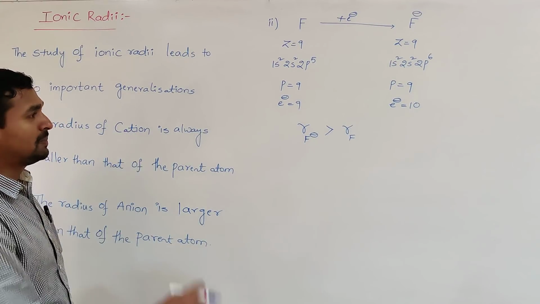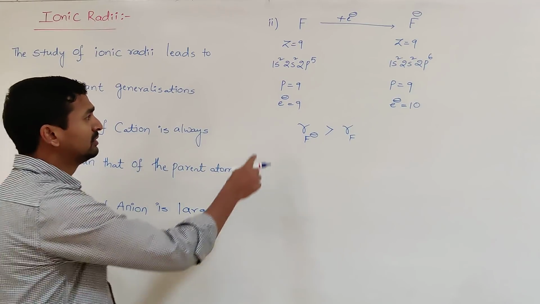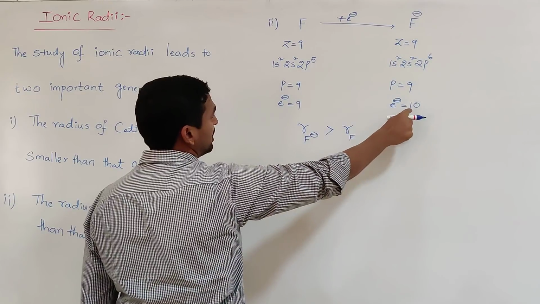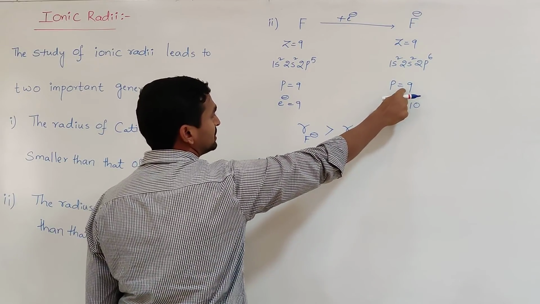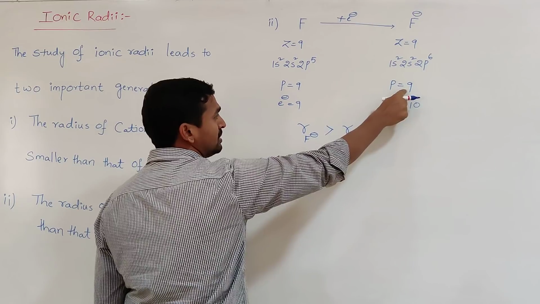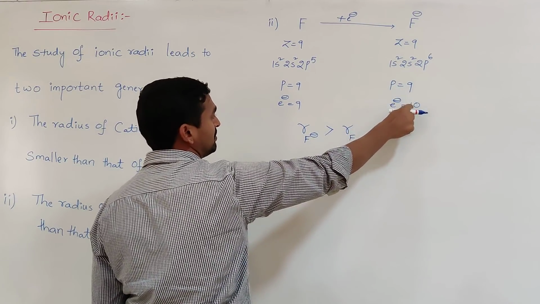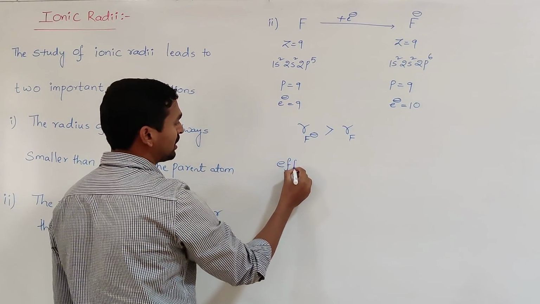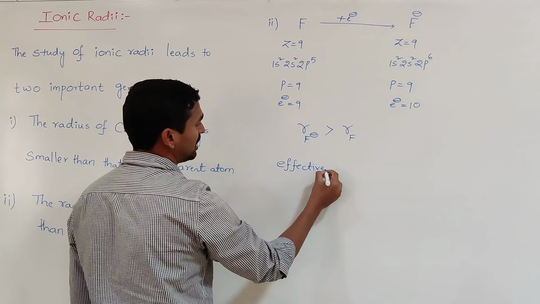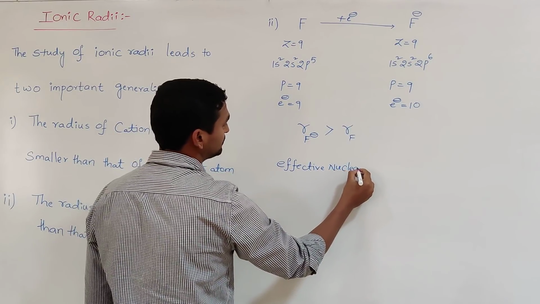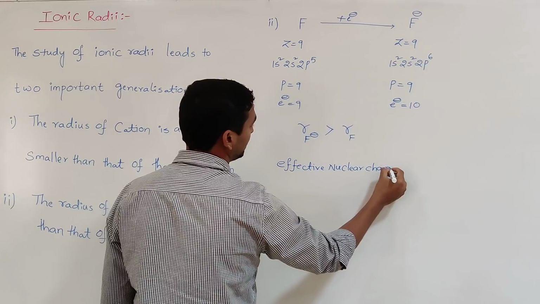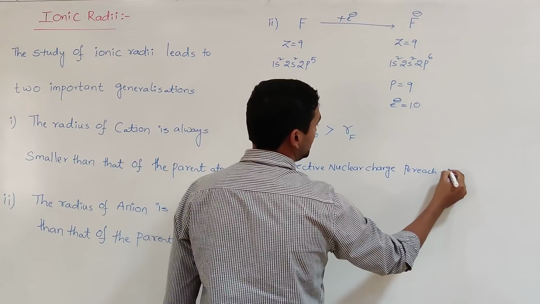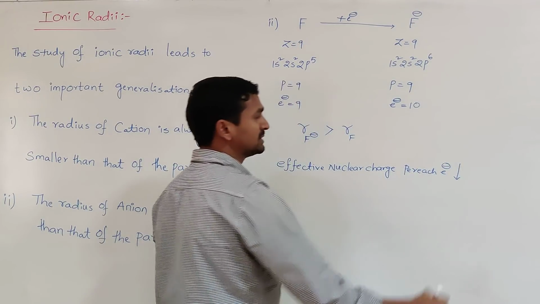Compared to the previous case, here whenever fluorine gains the electrons, the number of electrons increases, but the positive charge remains the same. So as the number of electrons increases, the effective nuclear charge for each electron decreases.